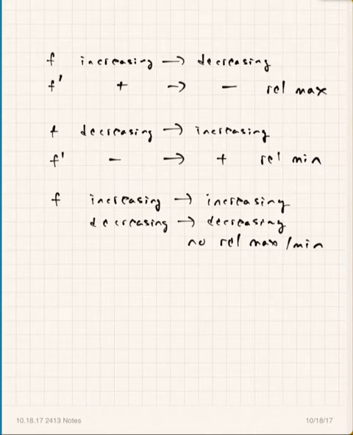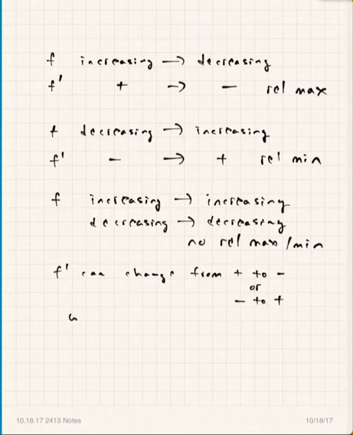All right, and now when can these changes occur? You get changes like this, and we've seen in the previous picture, the derivative f prime can change from positive to negative or negative to positive when f prime is equal to 0 or f prime does not exist. Right? When one of those two things happen, and remember, those are called the critical numbers for the function.